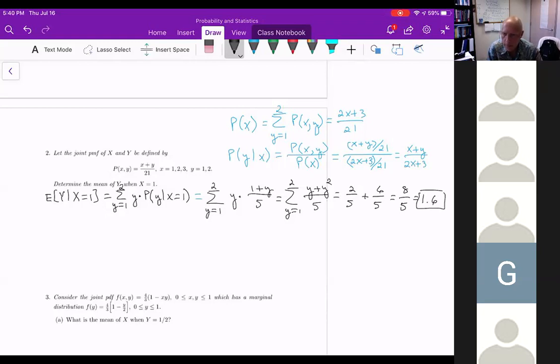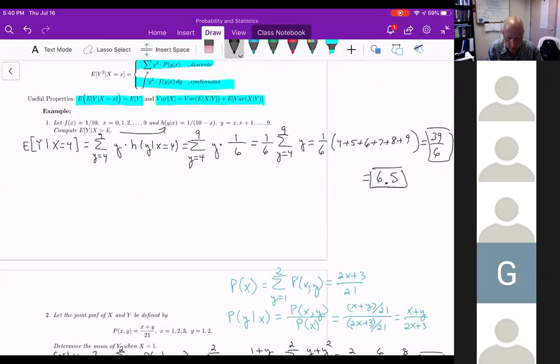Sorry, could I ask a quick question? Yeah. It's actually about the previous one. Okay. So we're given h of y given x. Mm-hmm. So because it's discrete, is it like obvious that the h of y given x is a p of y given x? Yeah, so these, even though the notation differs, you've got a conditional distribution of y given x.